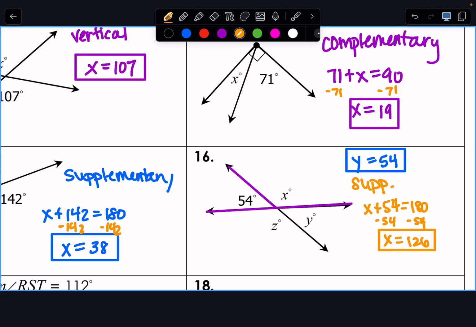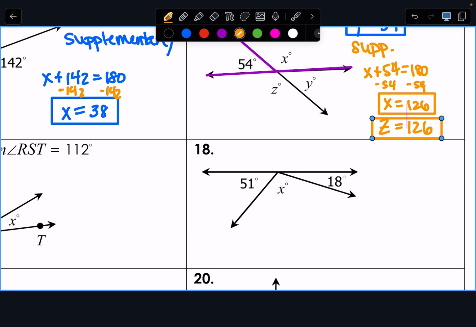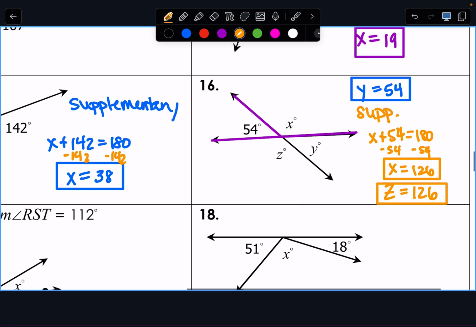Okay, well, if we know that X is 126, does it help us with anything else? What's true about angle X and angle Z? They're the same. Why? Because they're vertical. So Z is also 126. So not so bad, right? Not so bad.